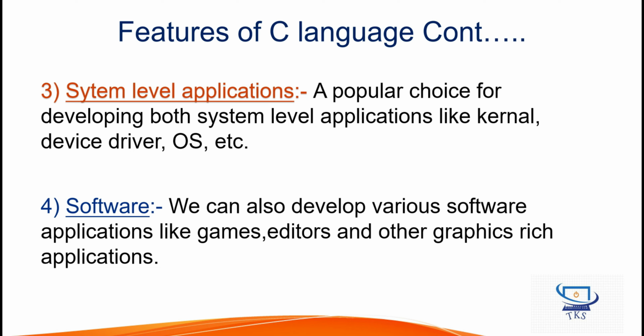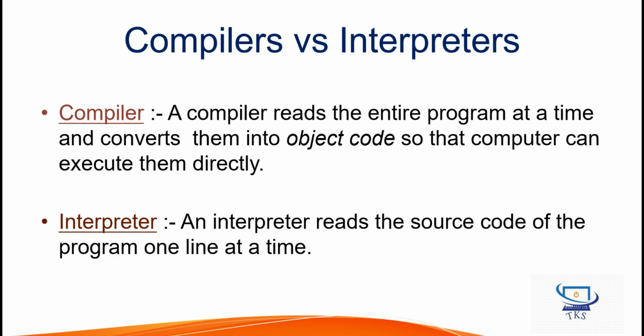Next, coming to the topic of the difference between compilers and interpreters. A compiler reads the entire program at a time and converts it into object code, also known as binary code or machine code, that is understood by the computer so that the computer can execute it directly. Next, coming to the interpreter. An interpreter reads the source code of a program one line at a time.